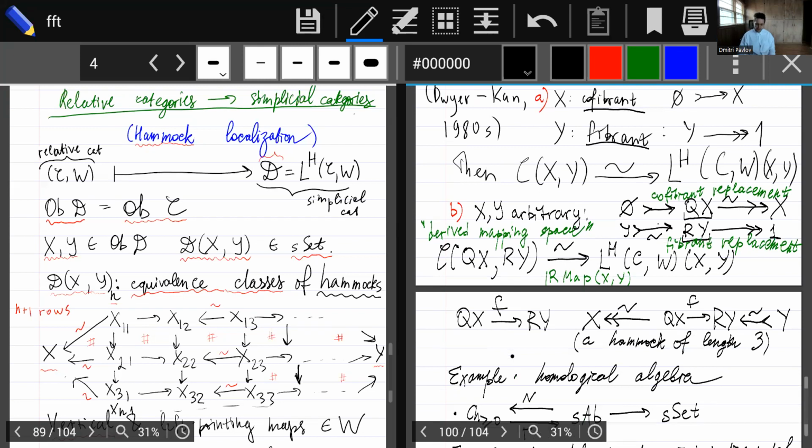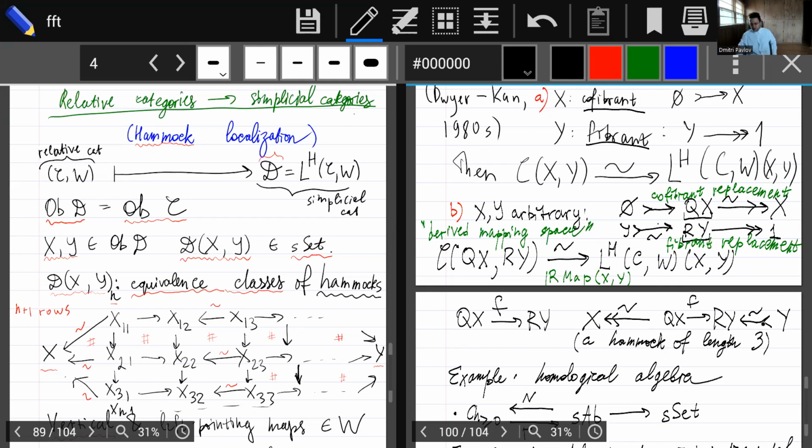And in case you're interested how this map works, given such a map F from QX to RY, you send it to a hammock of length 3, where F is placed in the middle, and these canonical maps from QX to X and from Y to RY are placed as formal inverses of weak equivalences.